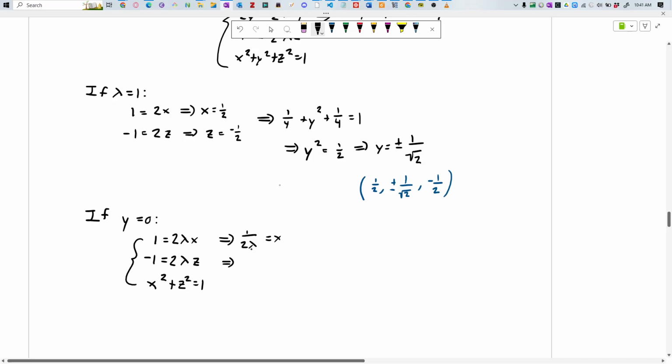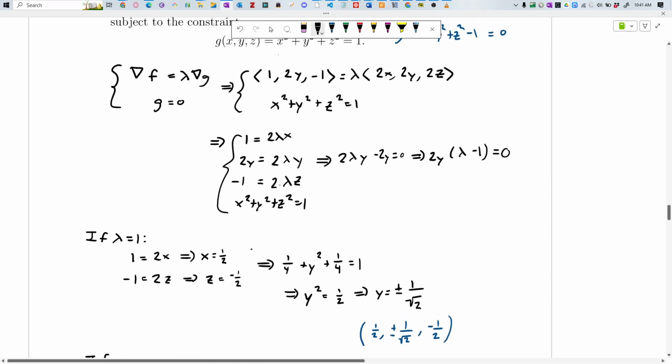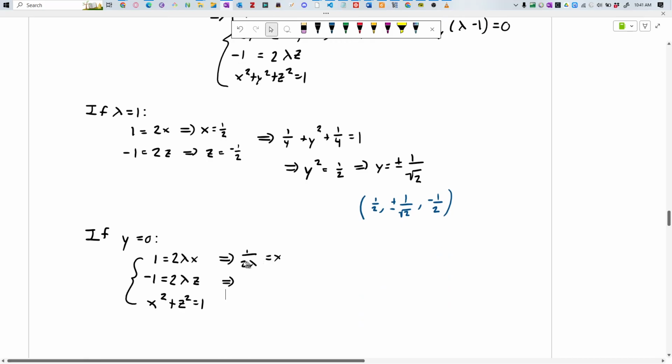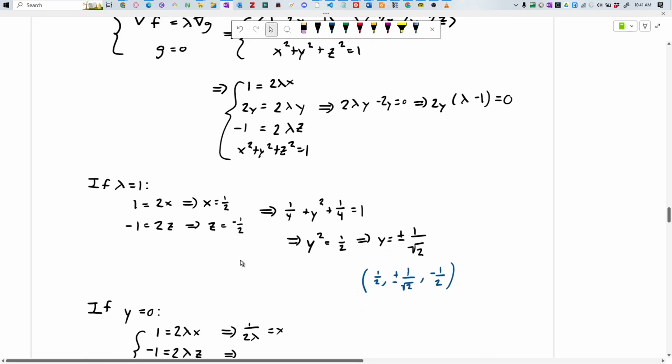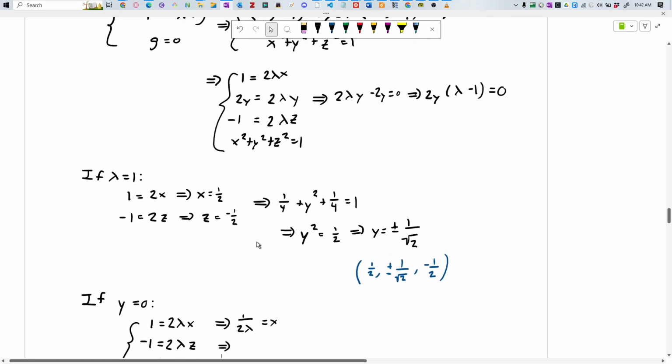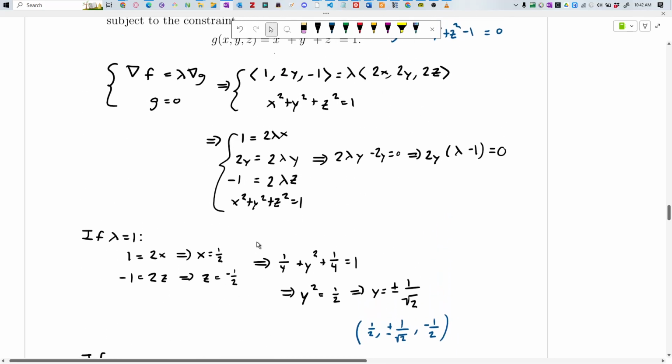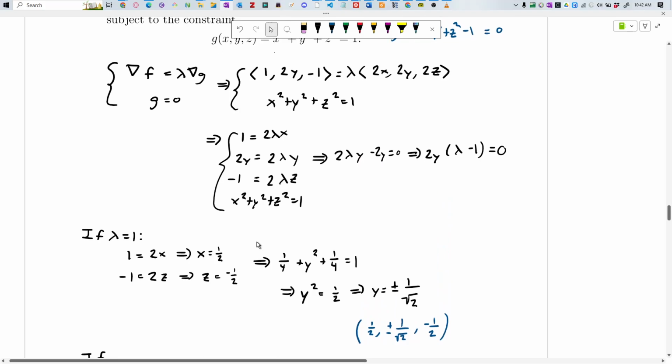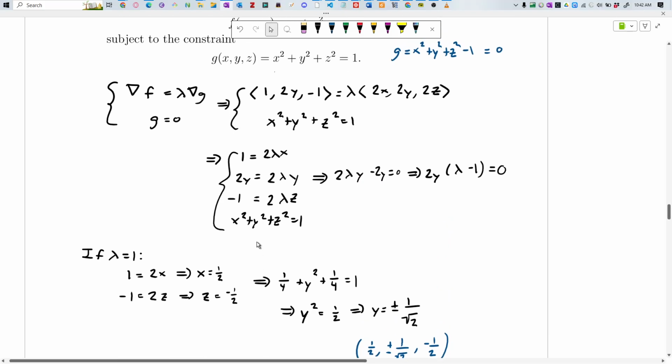So, yeah, as a comment, the fact that we divided by lambda is assuming that lambda is not equal to 0. So if we're being technically, I don't know, pedantic about things, then we would have to split off into the case where lambda is equal to 0.